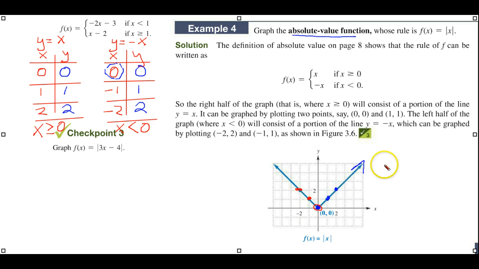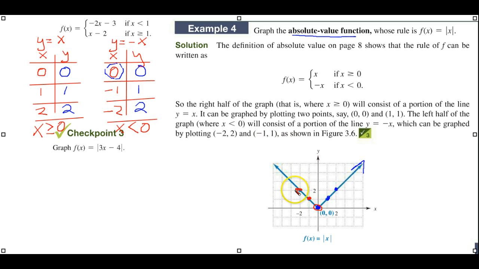So this gives you the general shape of your absolute value function, which we said is the V shape. And it is a function because at 0, the 0 is only used once. Here it's just the anchor, would be a hollow.